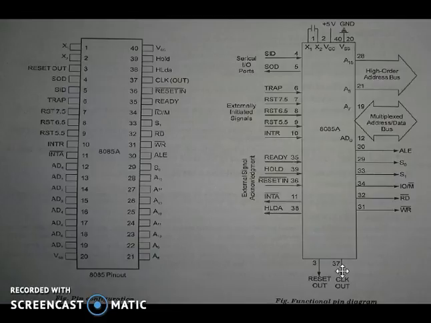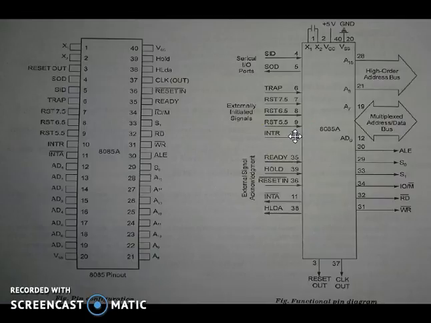Next we have externally initiated signals and the interrupts. 8085 has 5 interrupt signals. The first one is the interrupt request, and this is INTR, the 10th pin of the microprocessor.